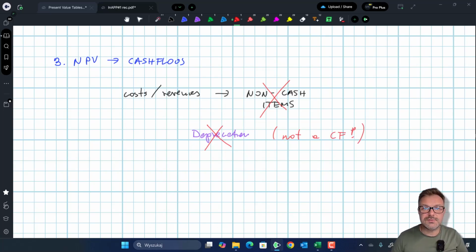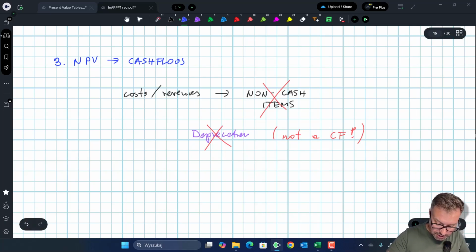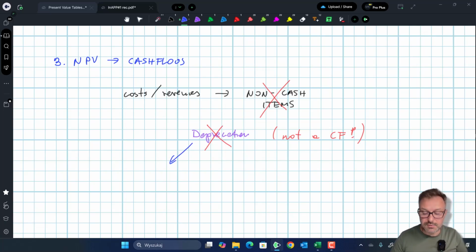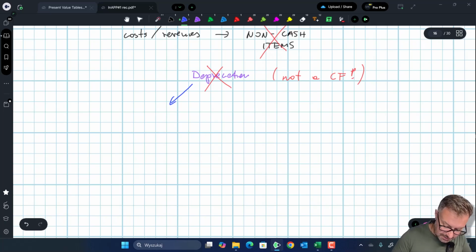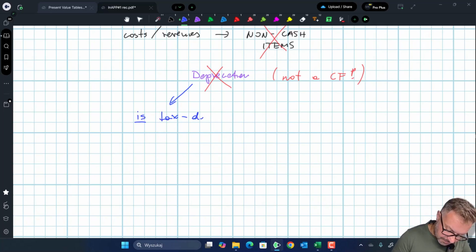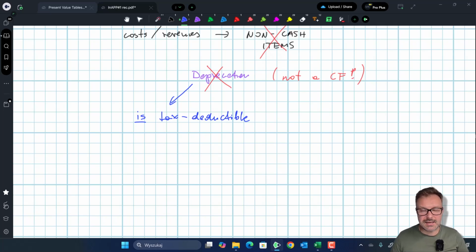But on the other hand, you have to remember that depreciation is an expense also from the tax perspective. Depreciation is tax deductible. It's quite obvious that the additional tax that the company will have to pay on the profits made on the new investment project are incremental cash flows.